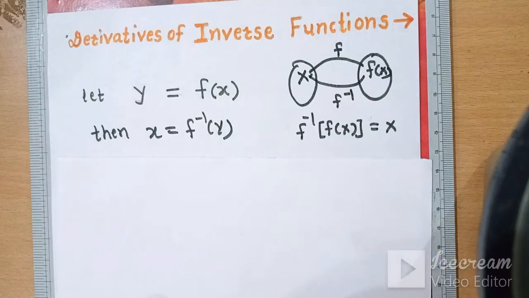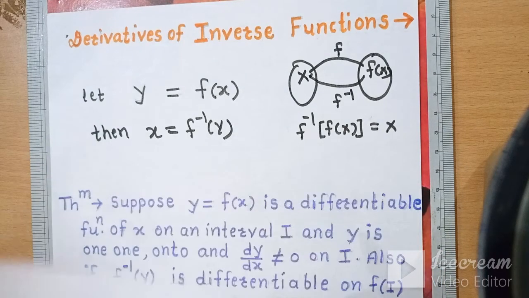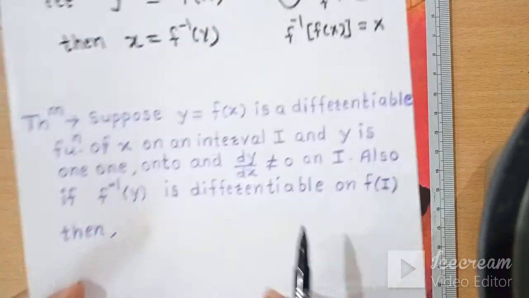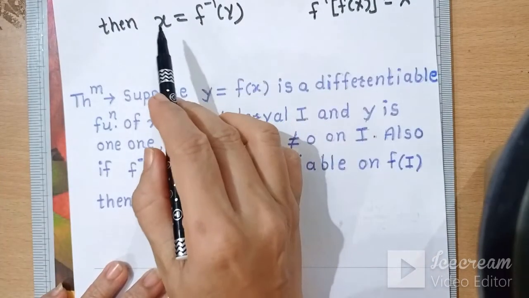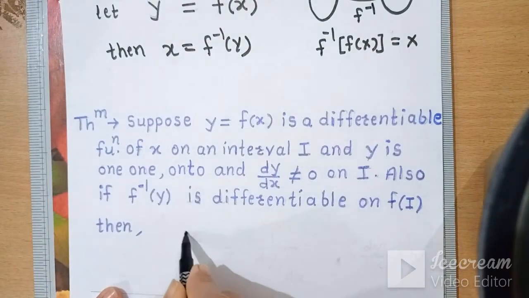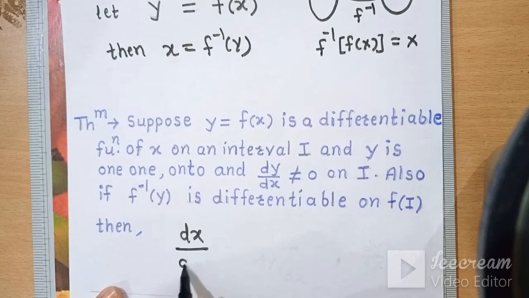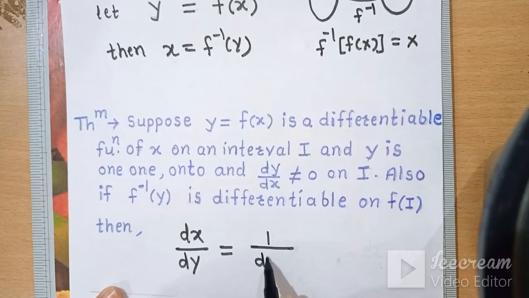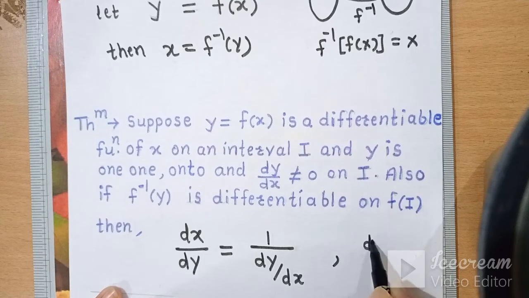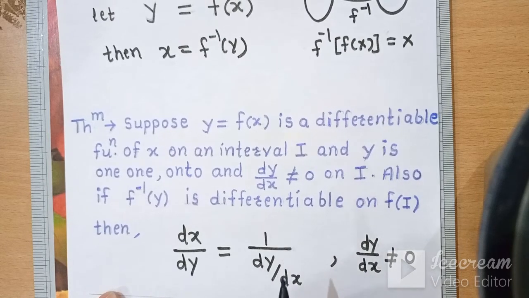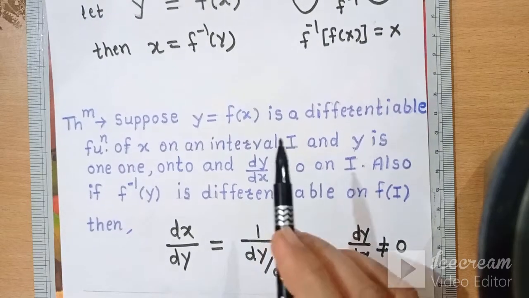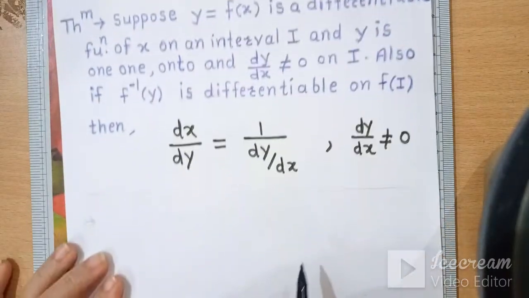So this is the basic concept, and we can find the derivative: dx by dy is equal to 1 upon dy by dx, where dy by dx is not equal to 0. This is the theorem of inverse function. So again we will check the concept.